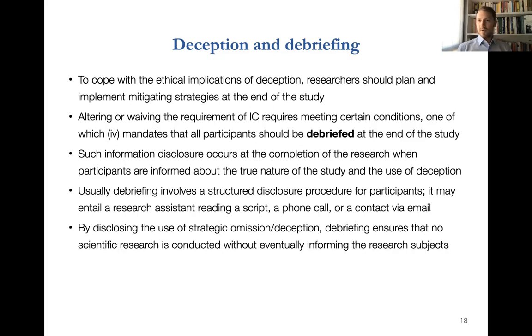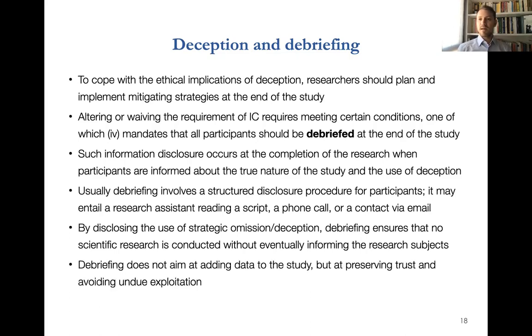So why is it important to debrief the research participants? Because by disclosing the use of strategic omission and deception, debriefing ensures that no scientific research is conducted without eventually informing the research subjects. An important point, so it is mostly for preserving trust, as we will see in a minute. But another important point is that debriefing per se does not aim at adding data to the study.